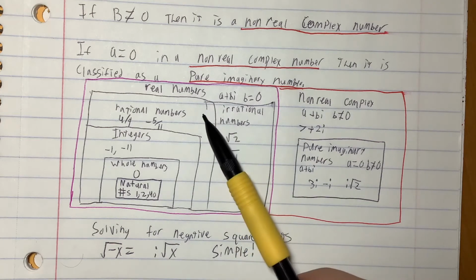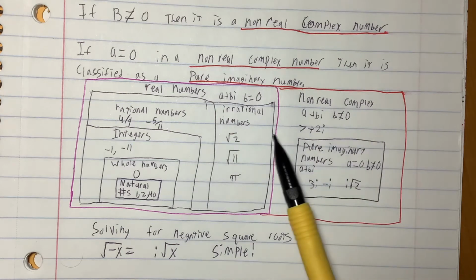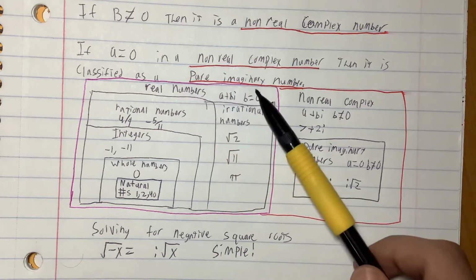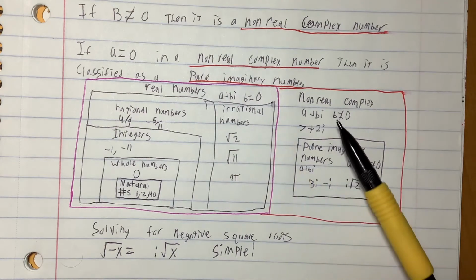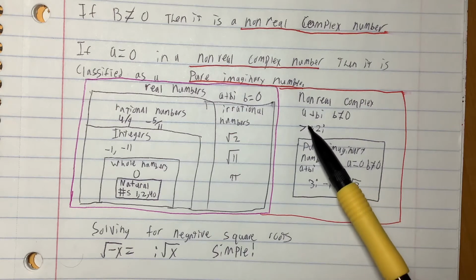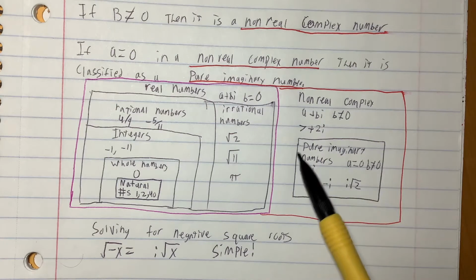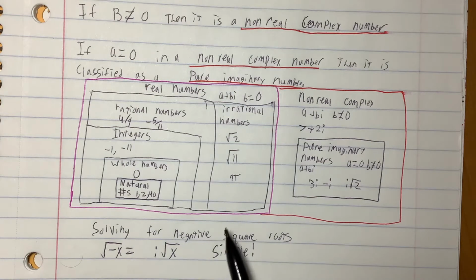But other than real numbers, we have non-real numbers or complex numbers. Okay? And with real numbers, b will equal 0, so we won't have any imaginary part. But it's the opposite for complex numbers. So b cannot equal 0. So 7 plus 2i would be a non-real complex number.